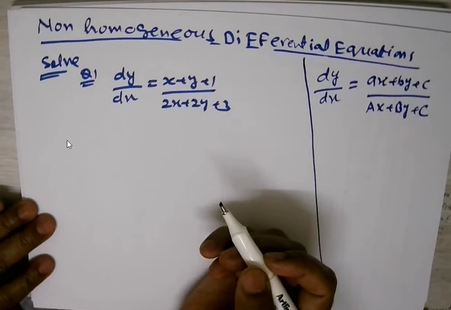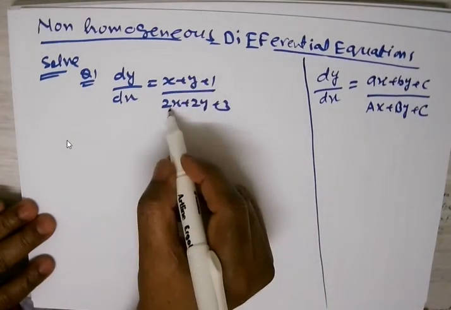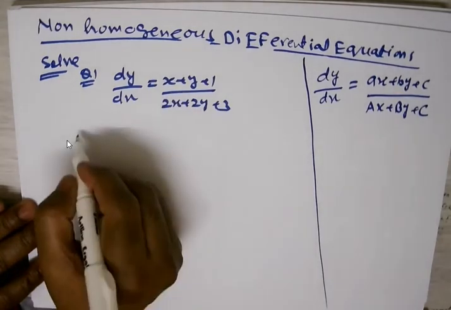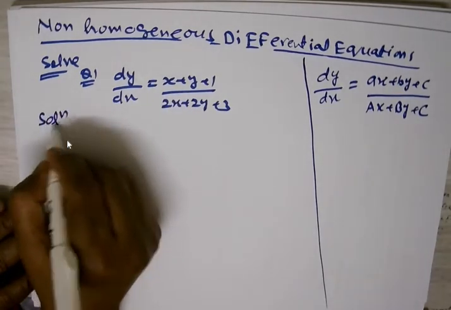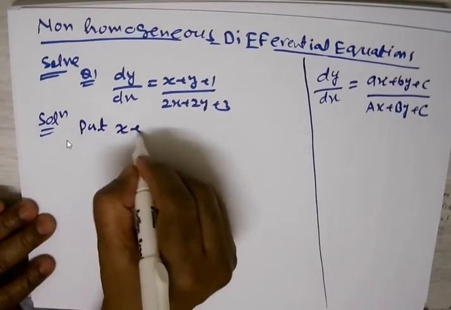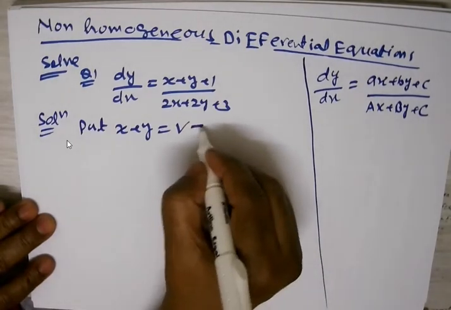If you clearly see here, x plus y is given and here 2x plus 2y. It means this is double of that. So for the solution, if you get something like that, what you have to do is substitute x plus y as v, or u, whatever you like, and then differentiate it.